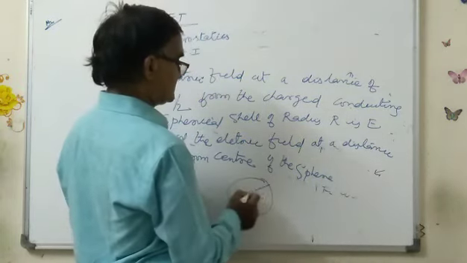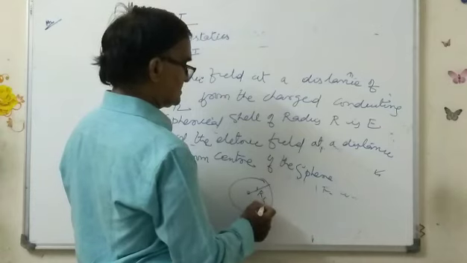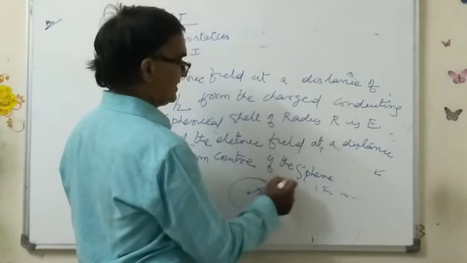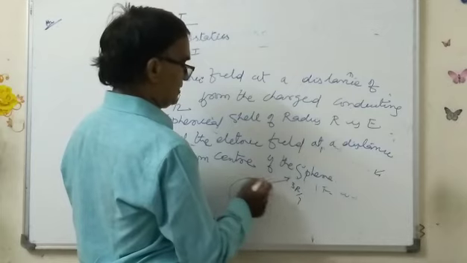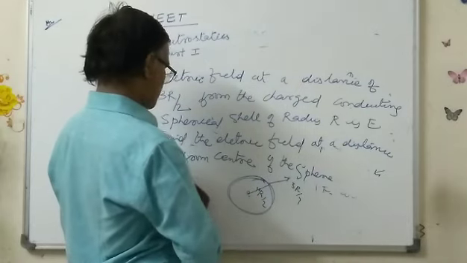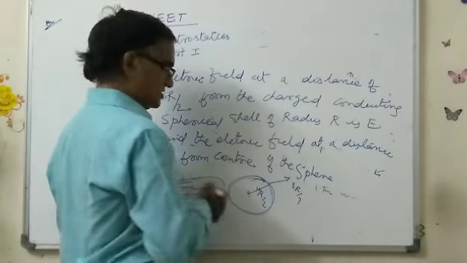See, r is the radius. At a distance of r/2 means here what is asked is inside only. At a distance of 3r/2 is given. So what is the inside field? 0. This is the answer. 0 is the answer.